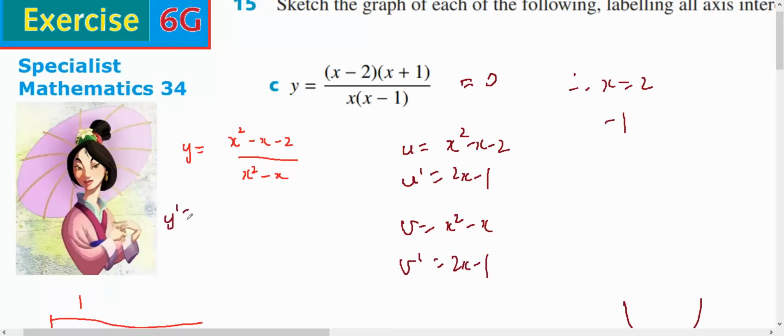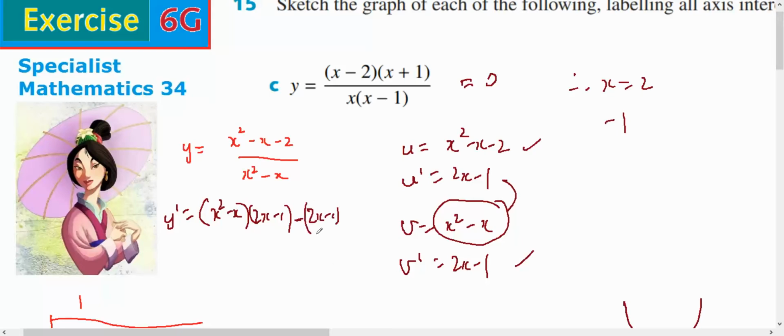So y dash will be v times u dash, so x squared minus x times 2x minus 1 minus u times v dash, so I've got 2x minus 1 times x squared minus x minus 2 all over x squared minus x squared.